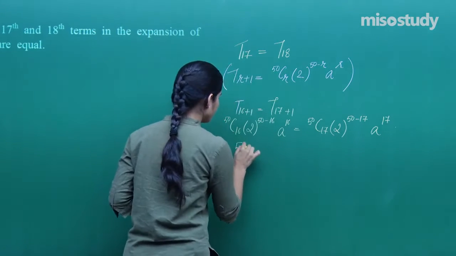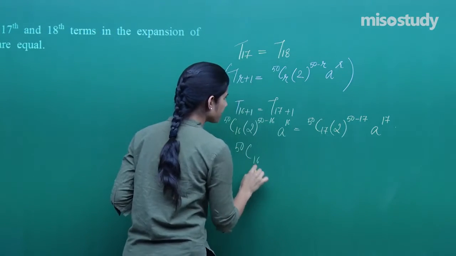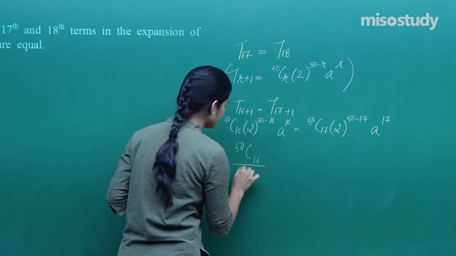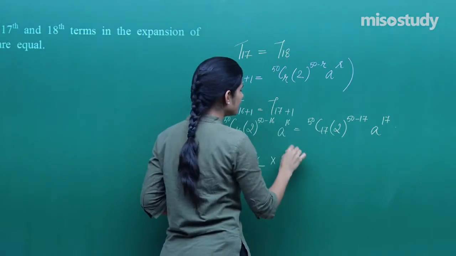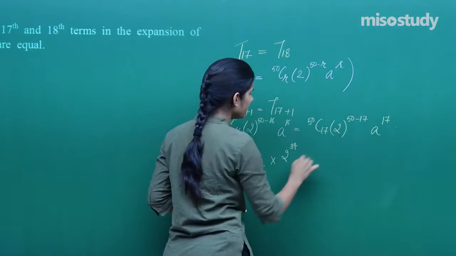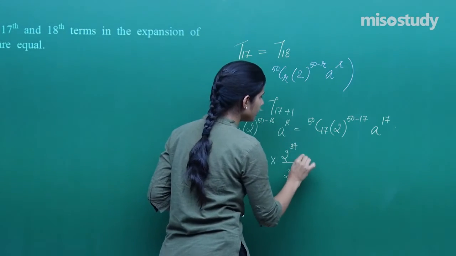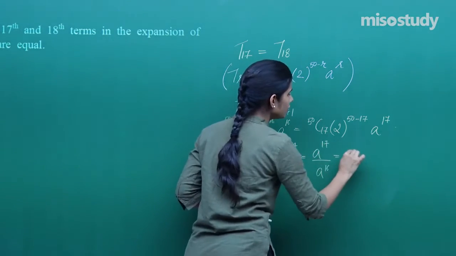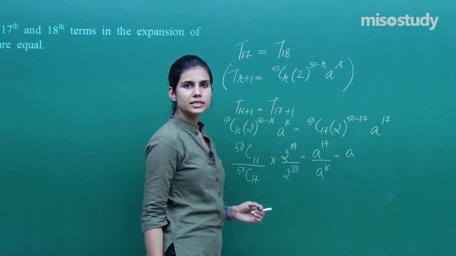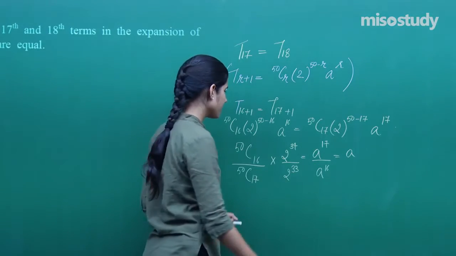So here you have 50C16 upon 50C17 into 2 to the power 50 − 16, which is 34, and 50 − 17 is 33. This is a^17 upon a^16, which is a^(17−16), that is a^1, which is a.